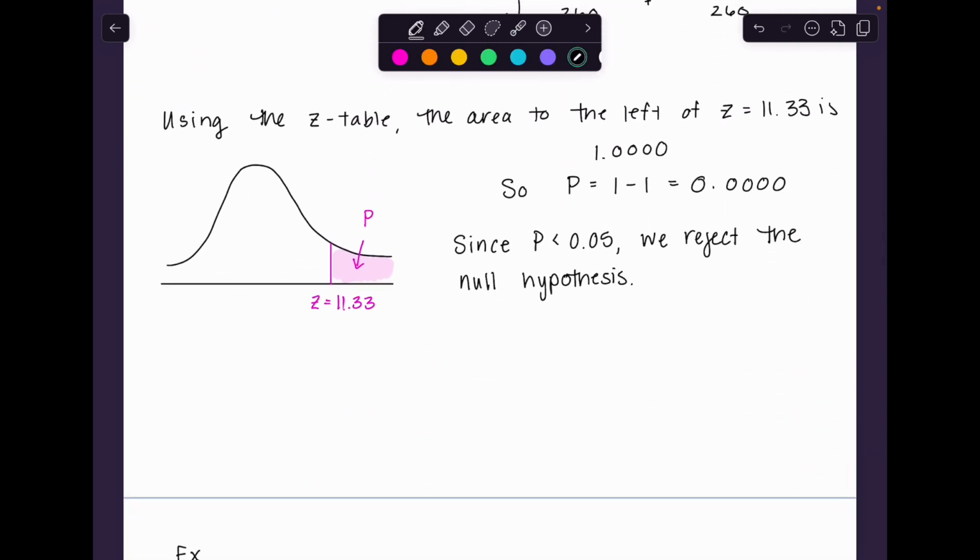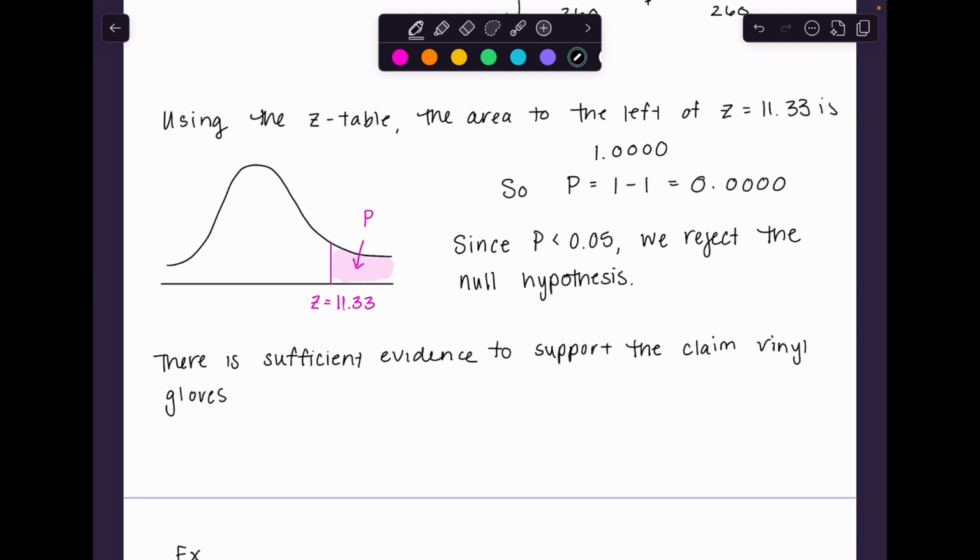So here, there is sufficient evidence to support the claim that vinyl gloves leak more than latex.